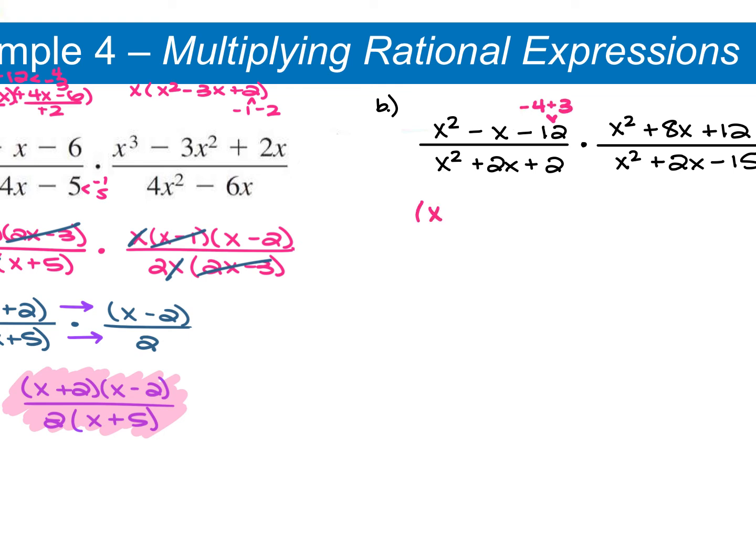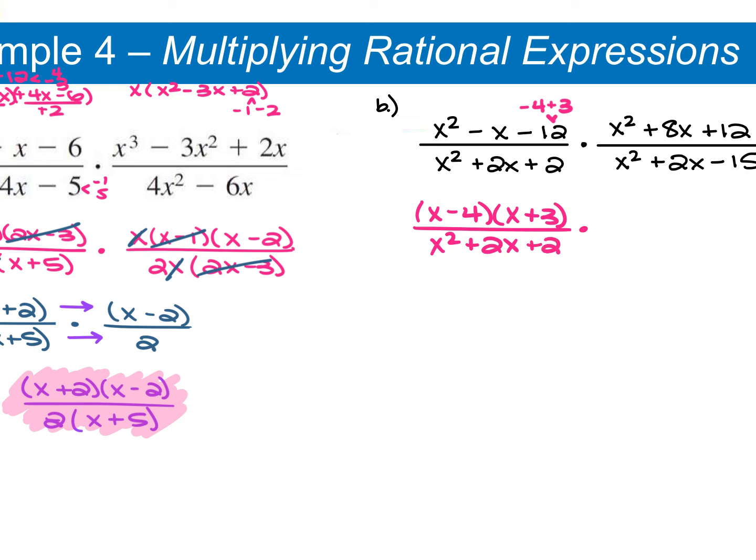So that factors to be x minus 4 times x plus 3. The denominator of that first fraction, there are no factors of 2 that add up to be positive 2. So that's going to stay the x squared plus 2x plus 2.